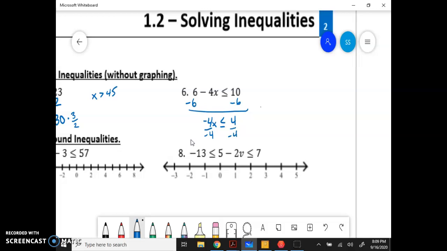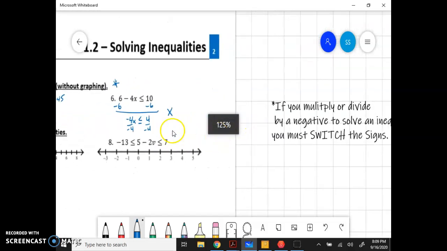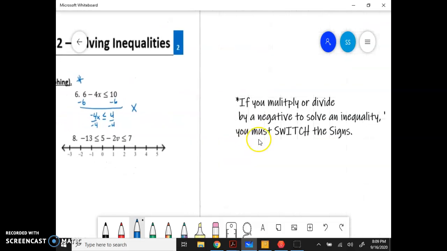And I'm left with x is, now this is really important here, I'm going to put a little asterisk here. We have to remember this little note that I'm going to have you guys write down. All right, if you multiply or divide by a negative to solve an inequality, you must switch the sign. Okay, you absolutely have to remember this.